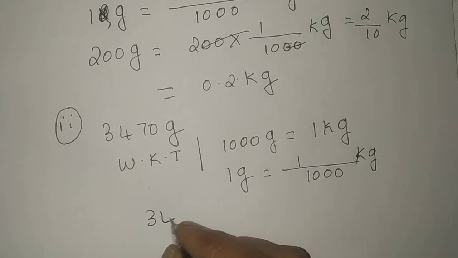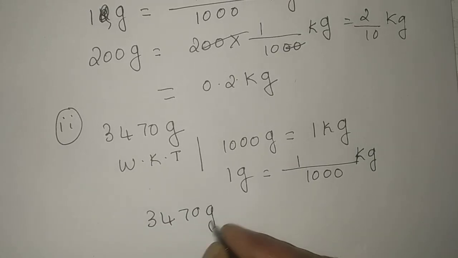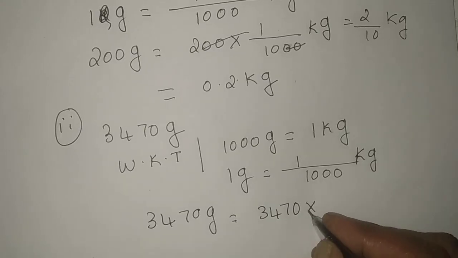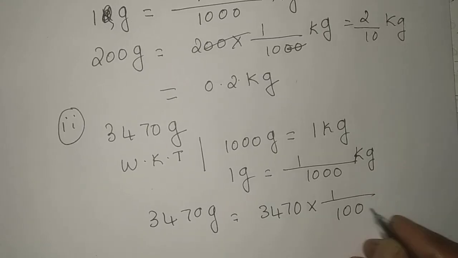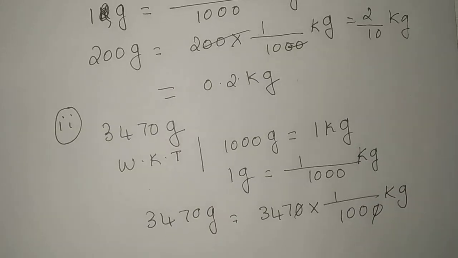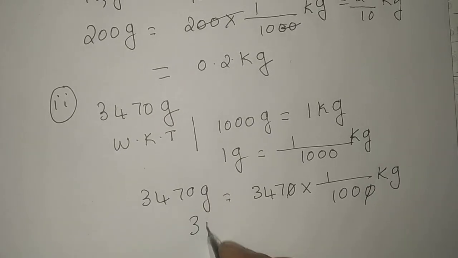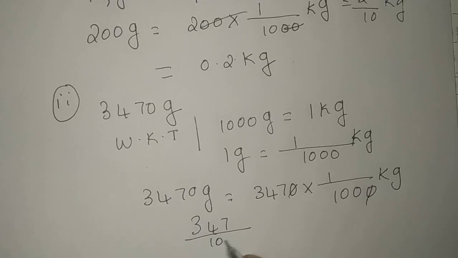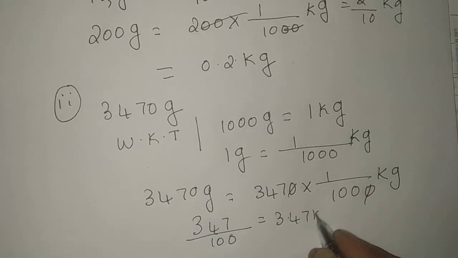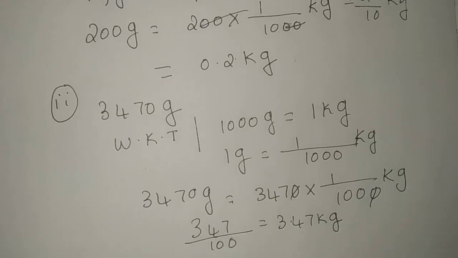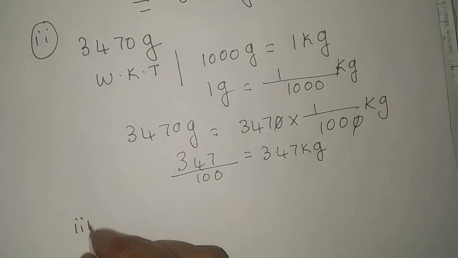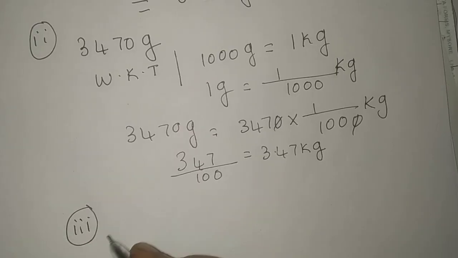Now for 3470 grams, multiply 3470 into 1 by 1000. So the zeros cancel. You have 347 by 100, which is equal to 3.47 kg. So we finished converting grams into kg.